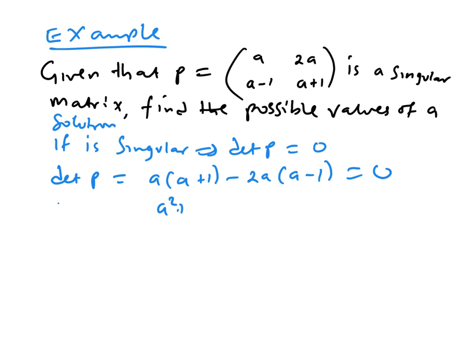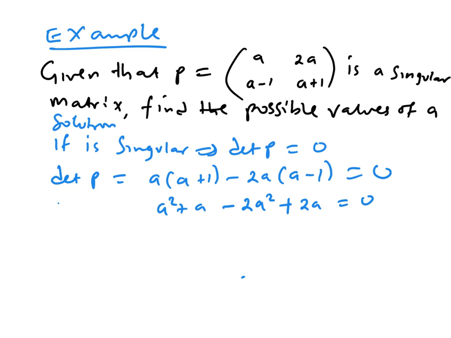Then A by 1 is A. Then minus 2A by A is minus 2A squared, plus 2A equals to 0.